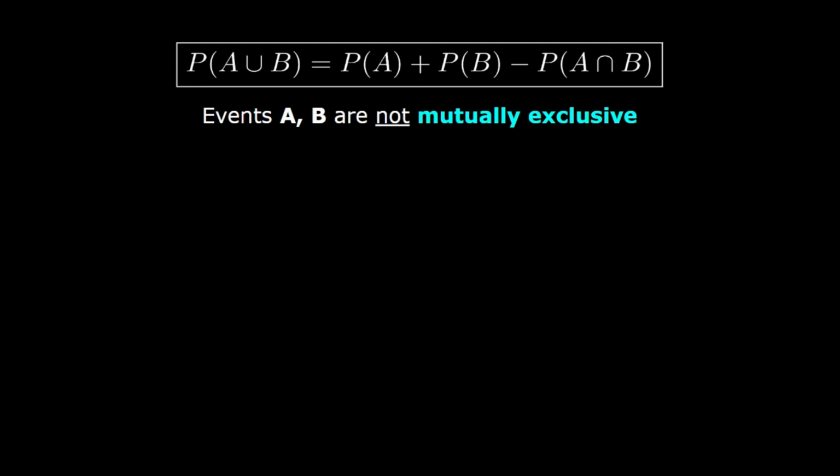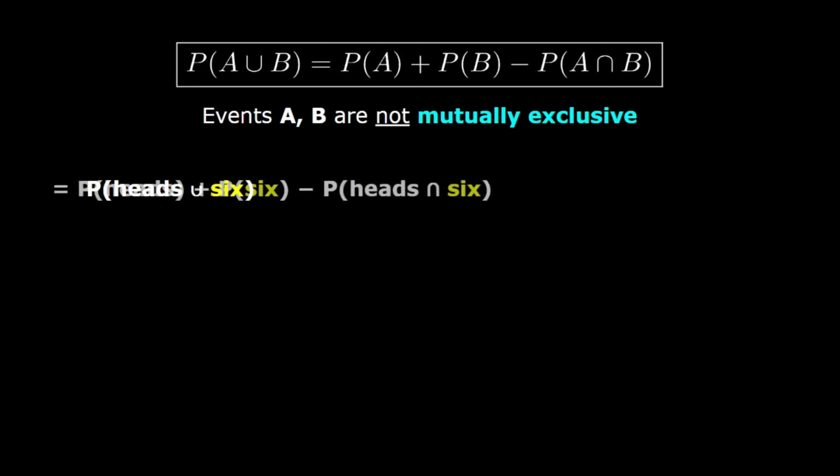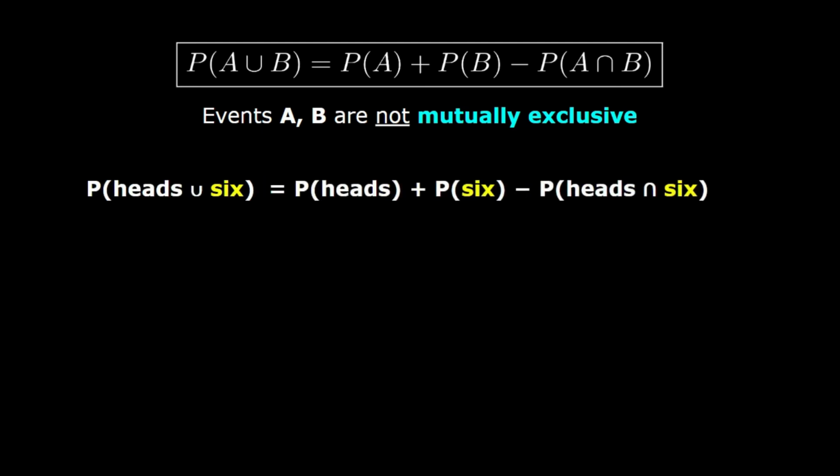You will be wrong. Make sure you include your overlap, of course, that probability of A and B in your union calculation here, or your or statement calculation of the probability. And you can list the individual probabilities. Probability of heads or a 6 is the probability of heads plus the probability of 6, but don't forget to subtract away the probability of heads and a 6, because guess what?